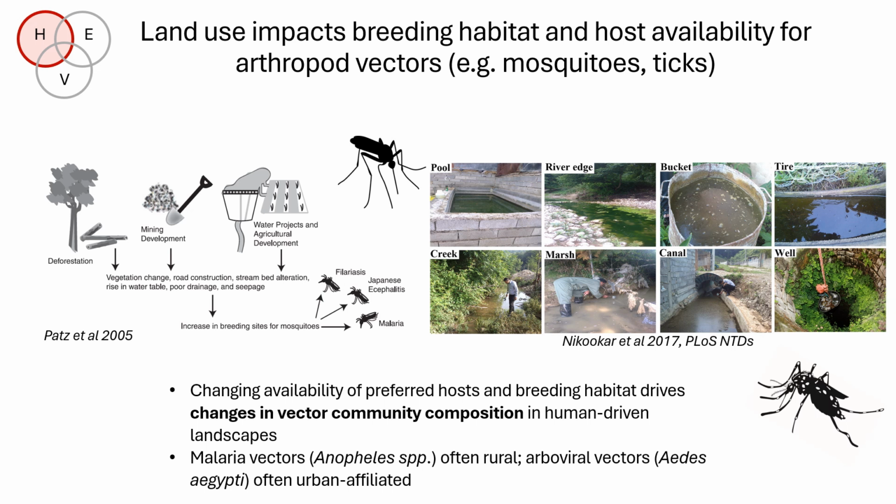So we see changing availability of different types of breeding habitat for mosquitoes, which can lead to really significant changes in vector communities, which has implications for transmission. For example, many Anopheles species tend to be found in more rural areas, whereas Aedes vectors of major arboviruses are often affiliated to urban areas.